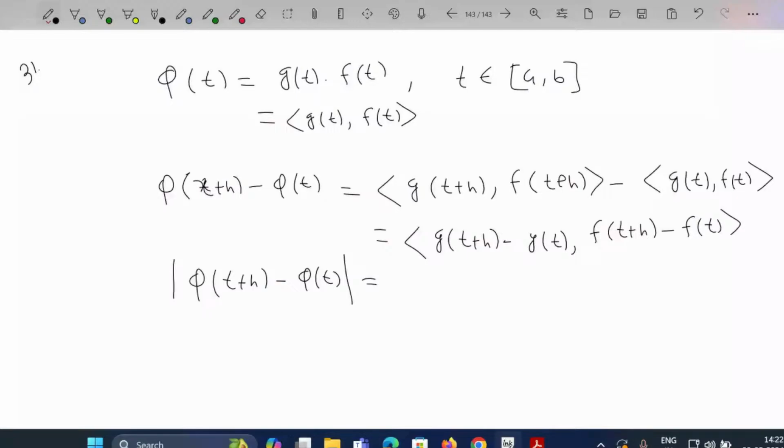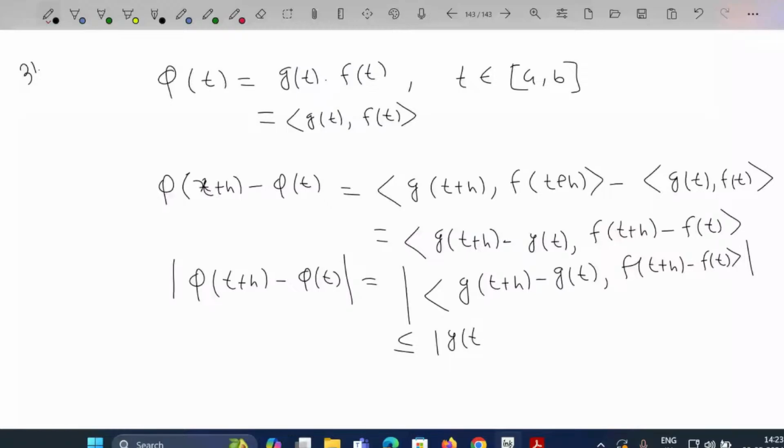Which inequality? Norm of the first component into norm of the second component. Schwarz inequality. Correct. So this will be less than or equal to norm of g of t plus h minus g of t into norm of f of t plus h, plus norm of g of t into norm of f of t plus h minus f of t, by the Schwarz inequality.